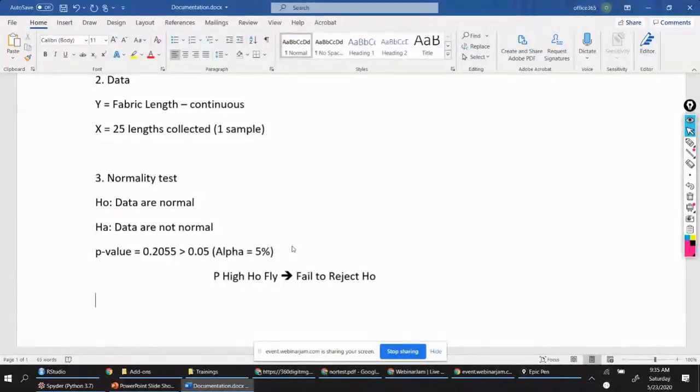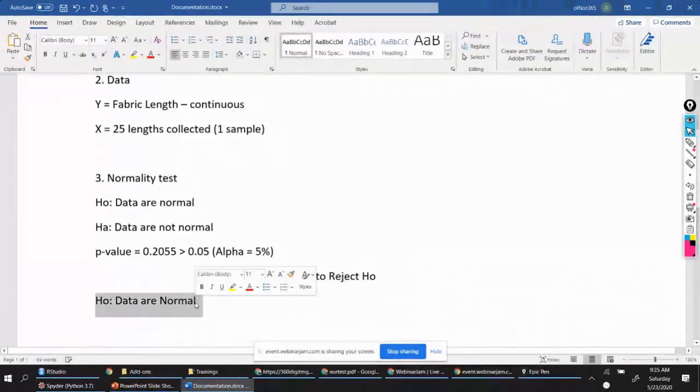We don't have evidence to reject the null hypothesis. That means we have to go with our default condition. And what does our default condition say? Data are normal. So we are proving that data are normal.